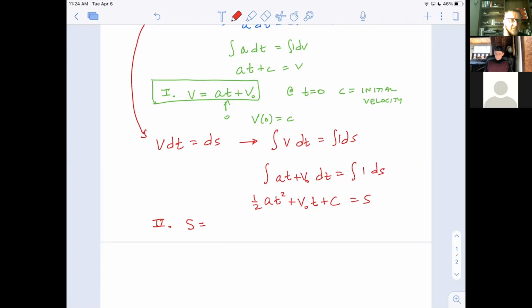Notice for the same reason as a second ago, if the time was 0, these two terms would cancel out. And so at time 0, this constant would be your initial position. So ultimately our equation says 1/2 at squared plus v0, initial velocity, times t, plus position 0.